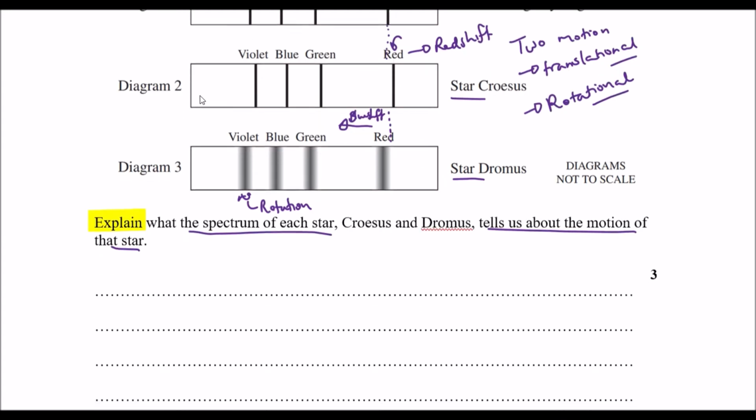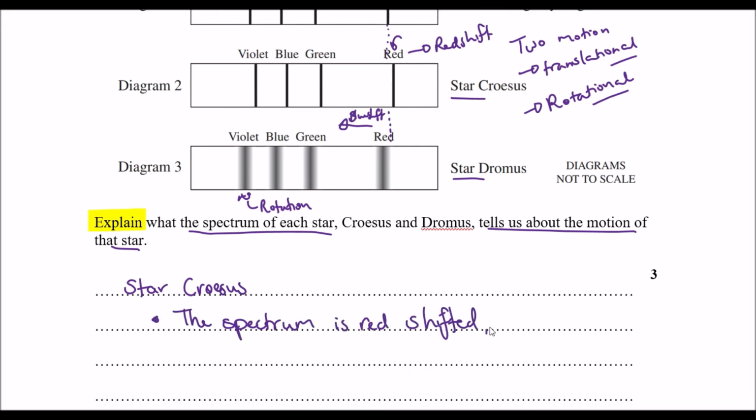Let's now respond. We'll start with star C. The spectrum is redshifted. This means the star is moving away from the observer.